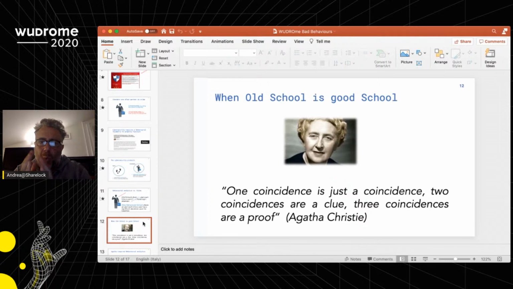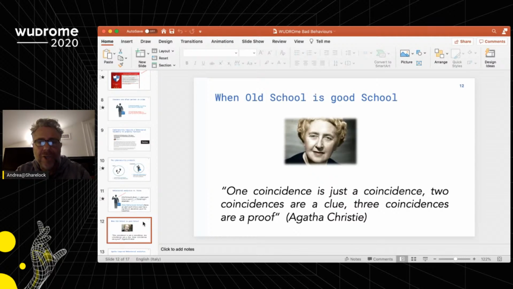Now, one of the additional guiding principles of the new school of security is using the Agatha Christie statement: 1 coincidence is just a coincidence, 2 are a clue, 3 are a proof. So that's what I call old school is good school, because in cybersecurity, you need multiple clues, multiple anomalies, to be able to predict a threat.